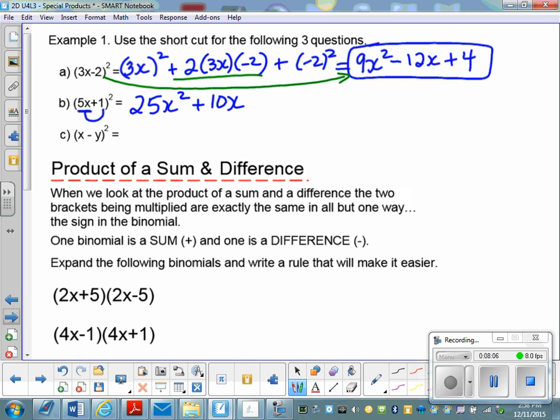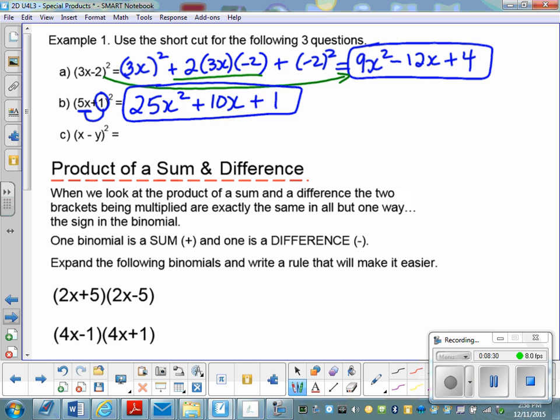And then the last term, I square the 1, and I get 1. That's what my final answer is going to look like there. In these questions, it wouldn't be a problem to write out 5x plus 1 times 5x plus 1 and do FOIL on it. I'm just showing you an opportunity for a shortcut here.